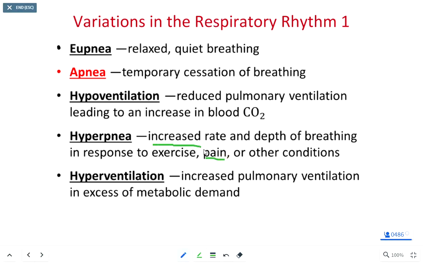Exercise can have this occur. This exercise-associated hyperpnea is from activation of the proprioceptors, and will be quicker even before we have that metabolic demand change. And then we have hyperventilation. As we talked about earlier, it's far and above, in excess of the metabolic demands. It causes us to not have enough carbon dioxide in our bodies.